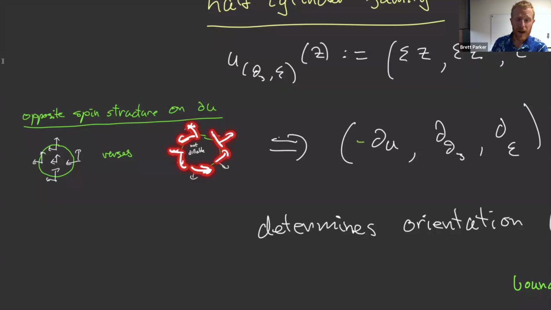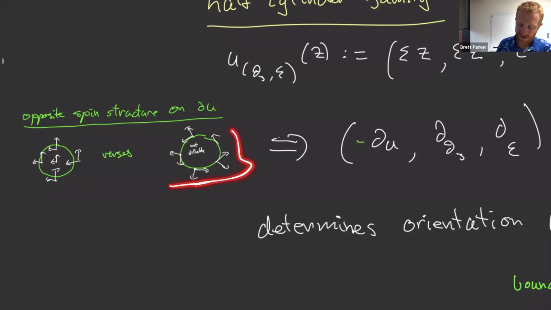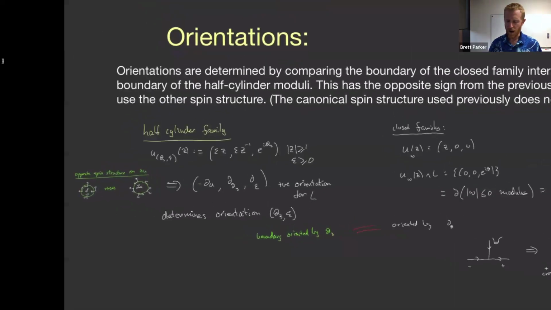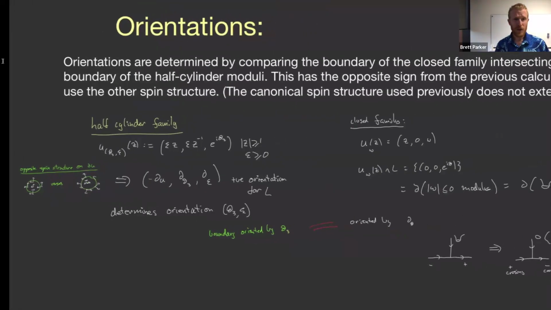And when you compare it to the spin structure that extends all the way to the disks, so the only spin structure you can have around the unknot, this one is the opposite spin structure. Okay, and when you work out the orientations, changing the spin structure on a boundary loop just changes the orientation by a sign of -1.